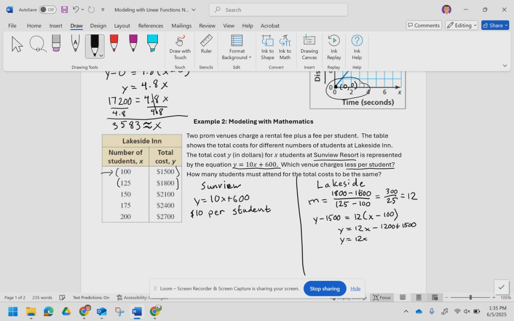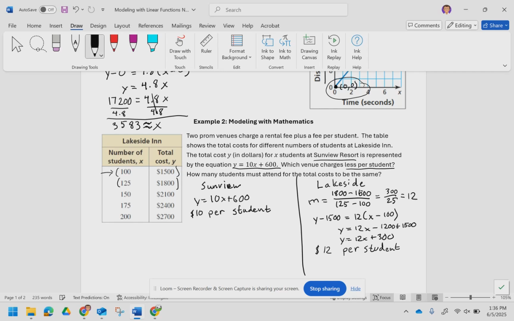We get y is equal to 12x plus 300. All right, so we can see that this one is going to be $12 per student. For each additional student, we're going to charge another 12.